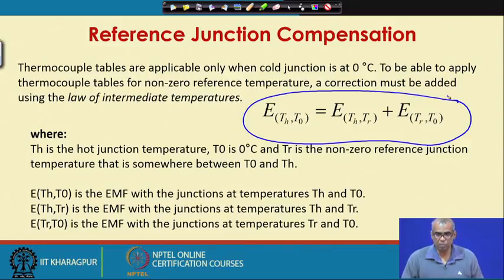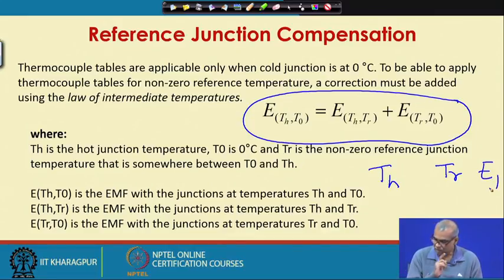So, when you use a thermocouple for practical application, you have a non-zero reference temperature Tr, and let us say the measuring junction temperature is Th. So, you have EMF E1.